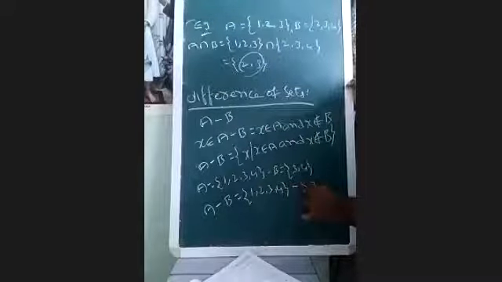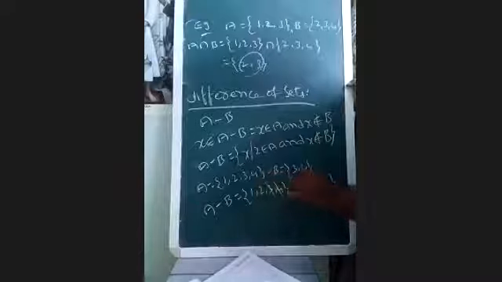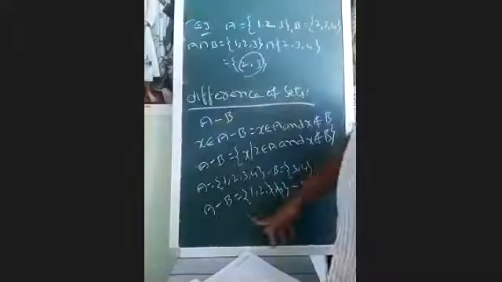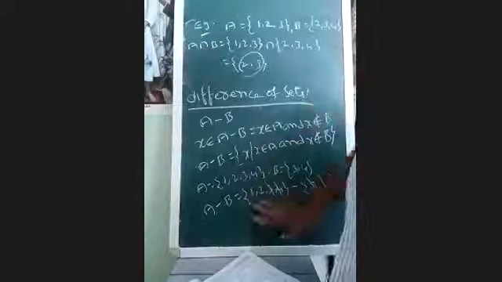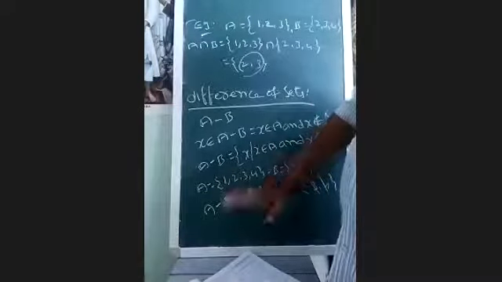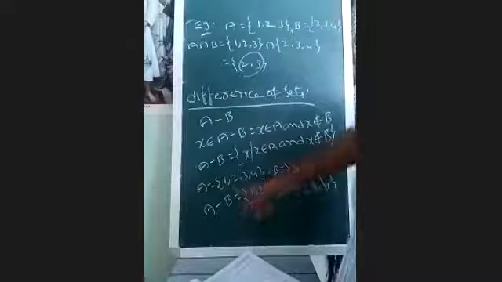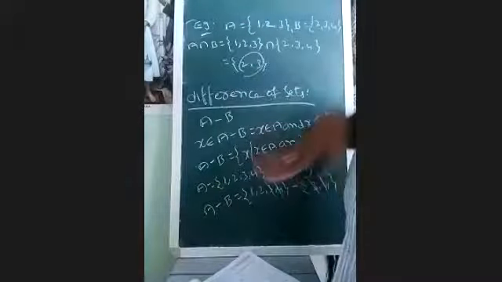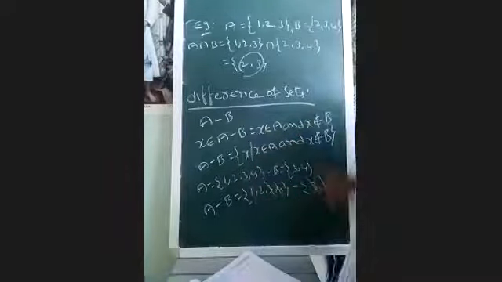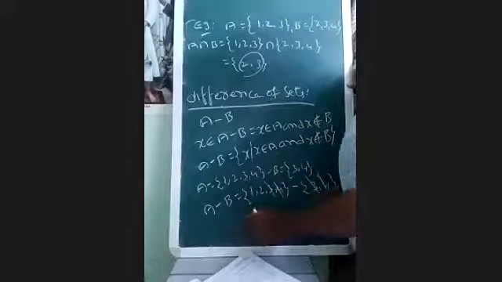We first cancel the common elements and take the remaining of the first set. A minus B means we first remove the common elements in both sets, then take the remaining of the first set. Then this is the set {1, 2}.